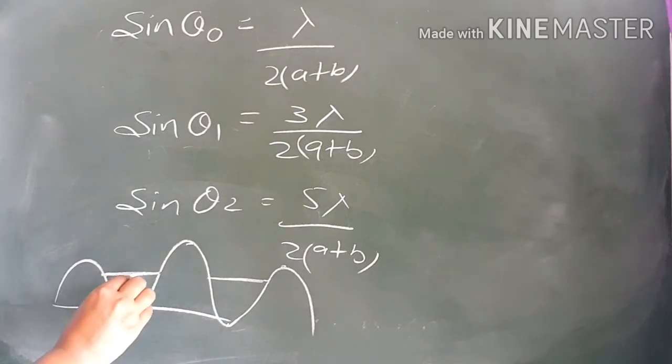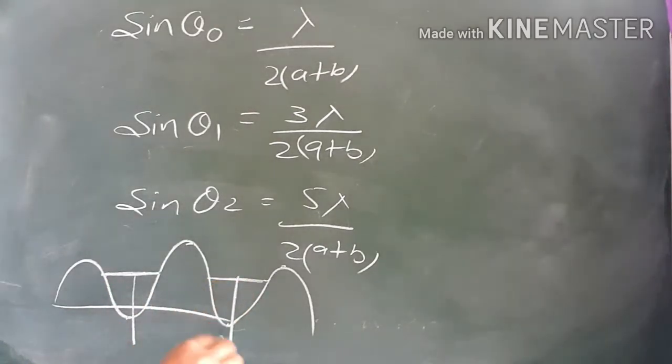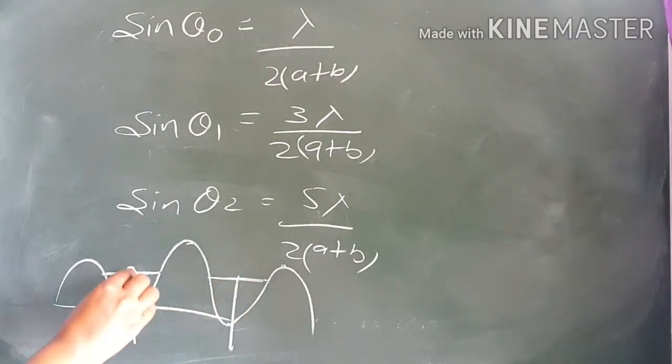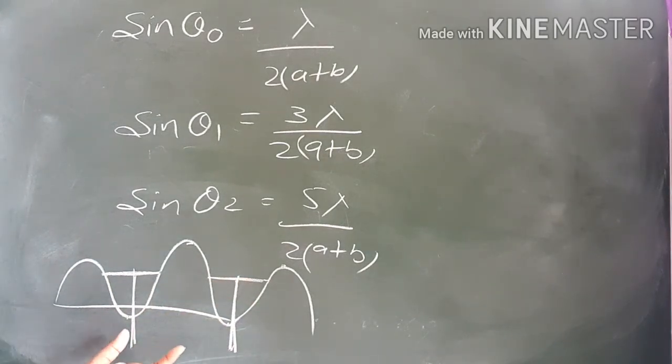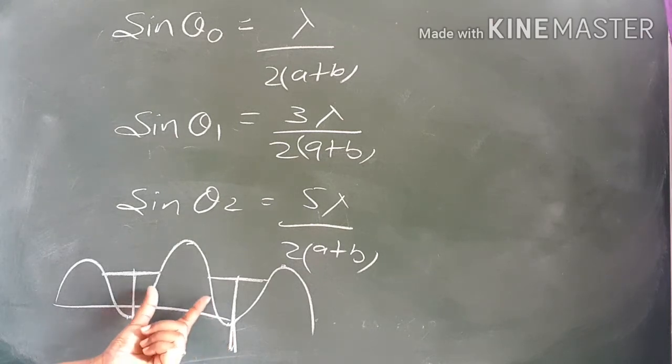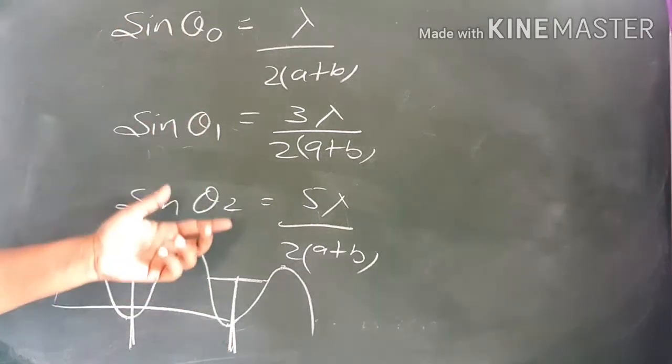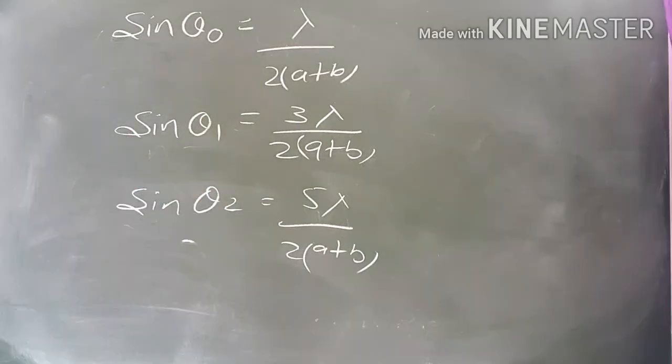We are finding this angular width between two conjunctive minima. This is the first minima. Angular width between these two minima gives the width of maxima. So actually we are finding the width of maxima.